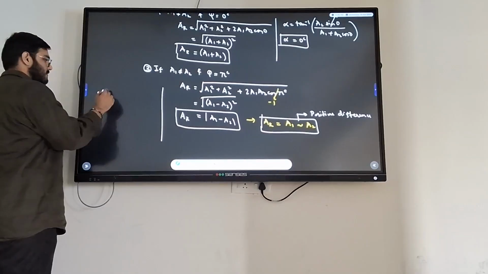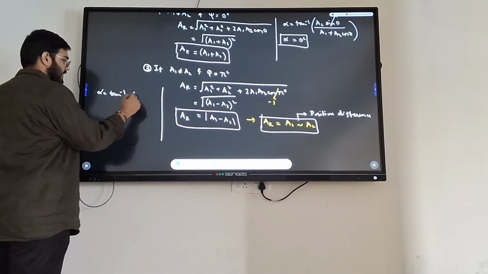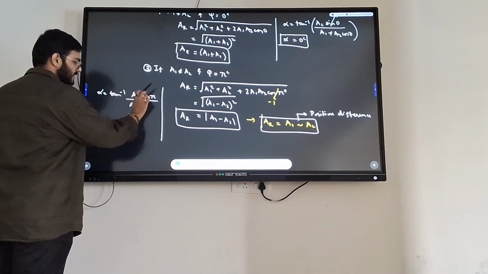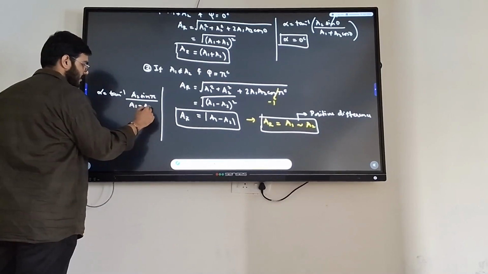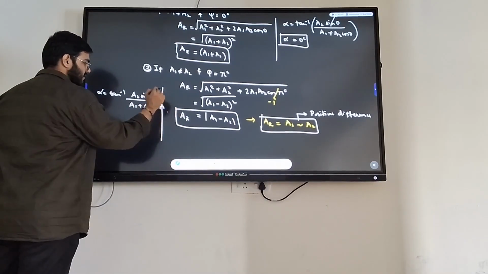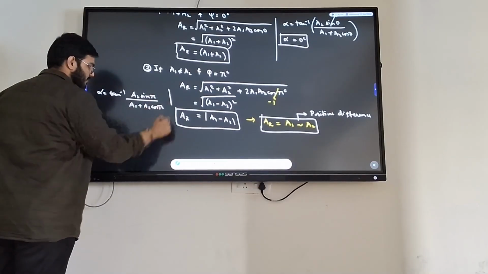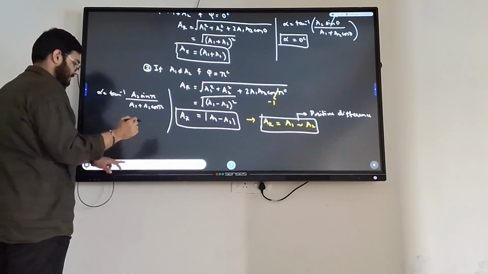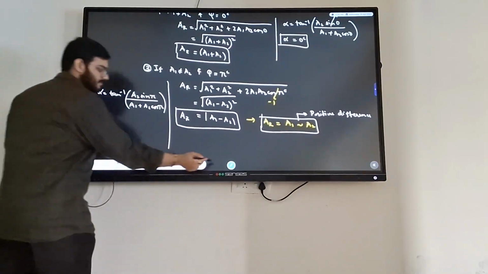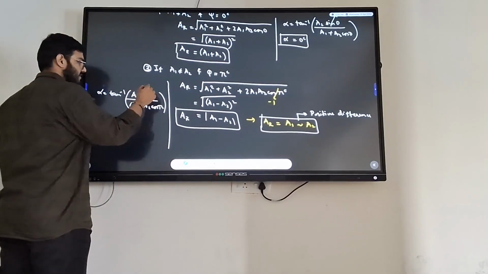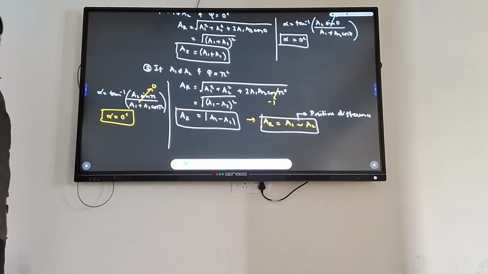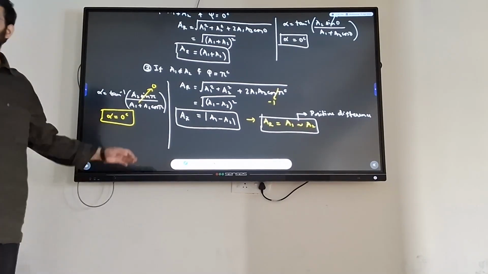So alpha equal to tan inverse of A2 sine pi over A1 minus A2 cos pi. And what is this equal to? This is also 0, so alpha is again 0 radians. Is it okay?